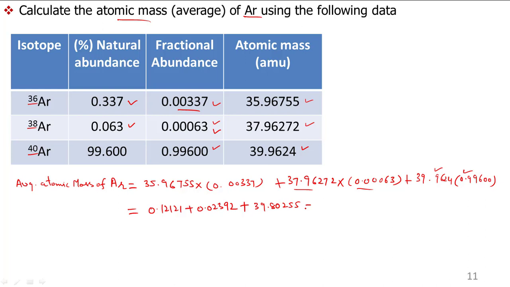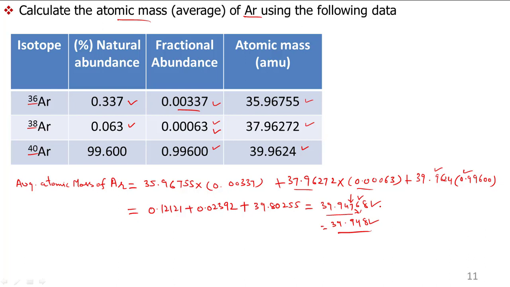If we add these three, we will get 39.94768. If we have to represent the result up to this digit, we have to round off. As this digit is greater than 5, we will have 8. So we can round this off as 39.948. The rules of rounding off I have discussed in my previous lecture on dimensional analysis.